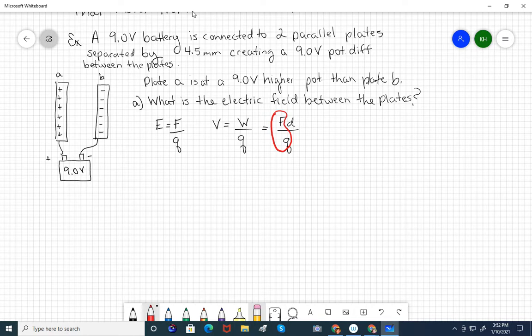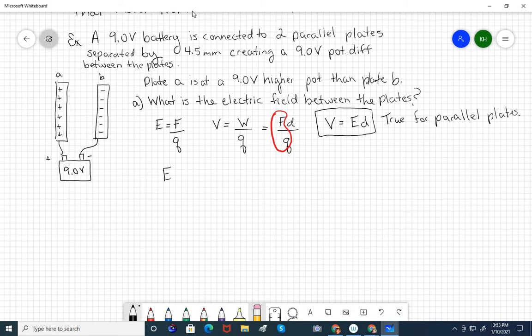F over Q is my electric field strength. I get this new formula here that says the voltage is equal to F over Q, which is E, times D. That's actually always true for parallel plates that have that uniform electric field inside of them. If I want the electric field, then E is equal to V over D.